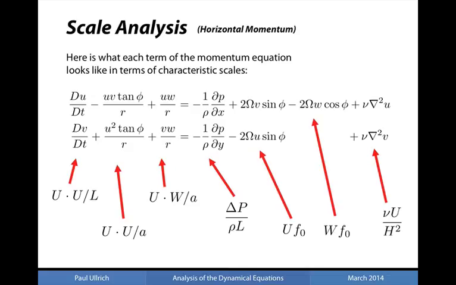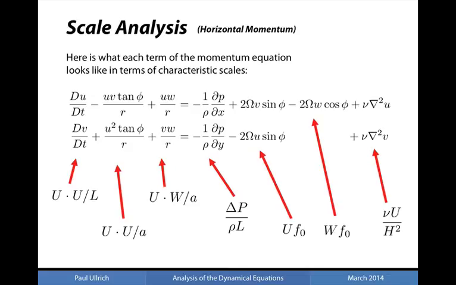We have another curvature term, which looks like a horizontal velocity multiplied by a vertical velocity divided by radius. This has scales of u times w over a. We have pressure gradient force, which has scales of delta P over rho over L. Here the L is included because you'll notice that there is a horizontal derivative of pressure.